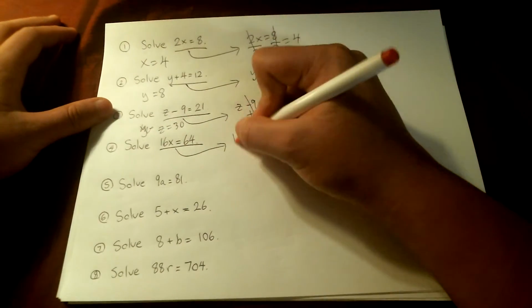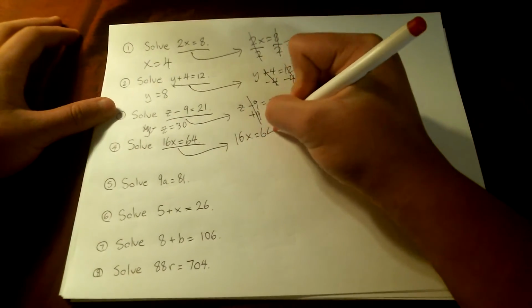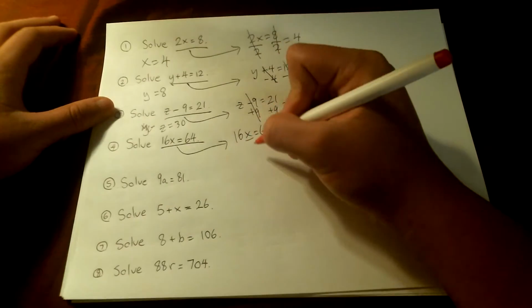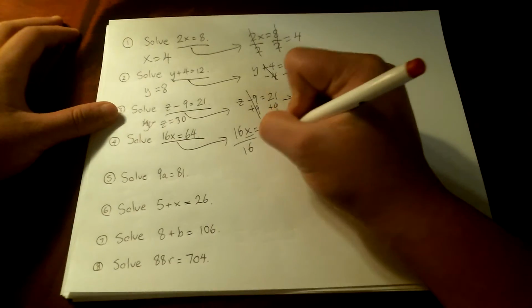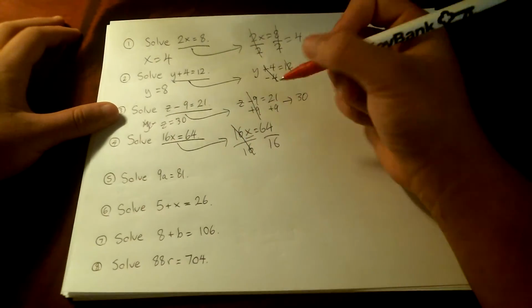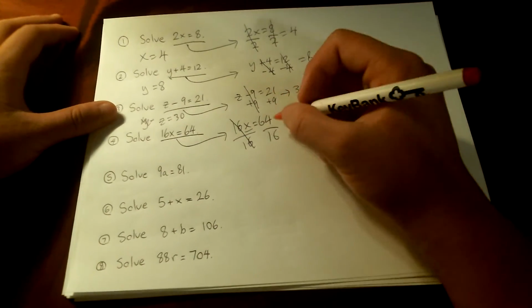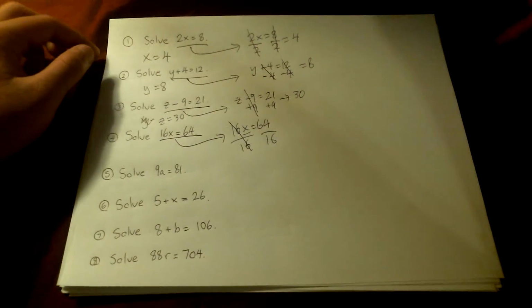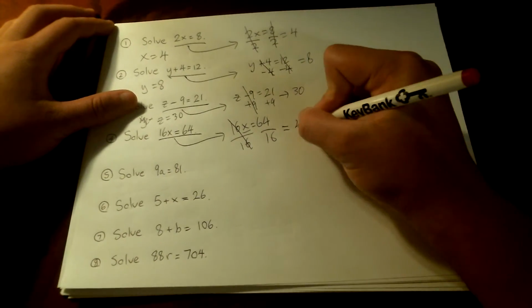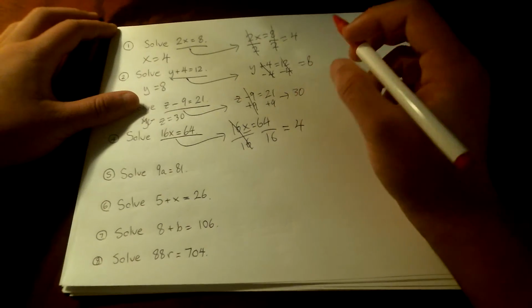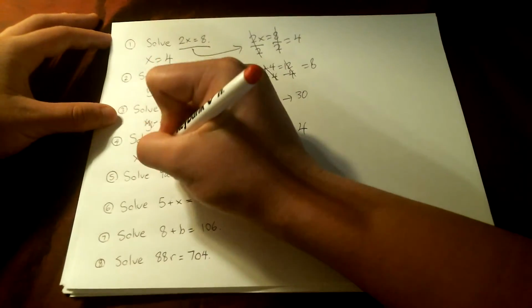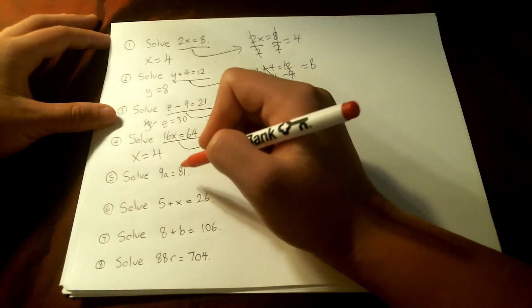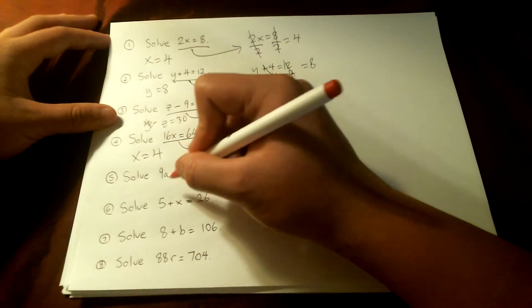This one asks 16x equals 64, and asks what the value of x is. So this one we will have to divide both sides by 16 to make this go away. And 64 divided by 16 would equal 4, since 16 times 4 equals 64. So x equals 4.